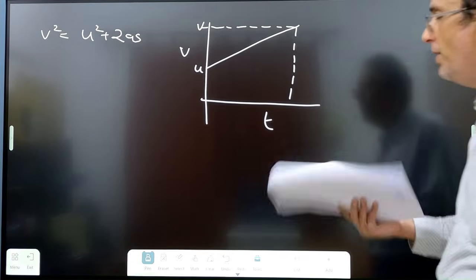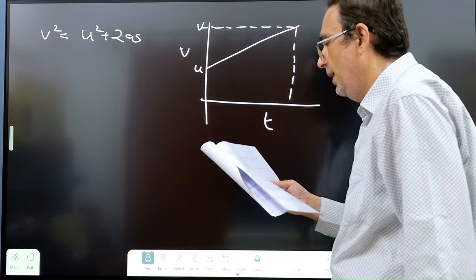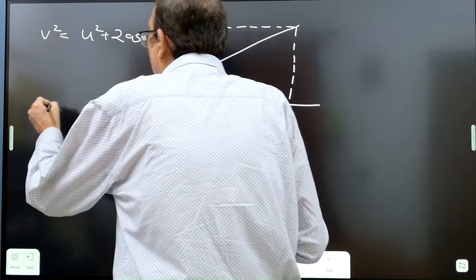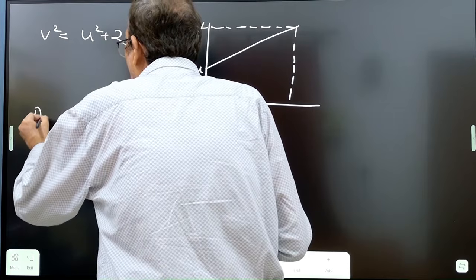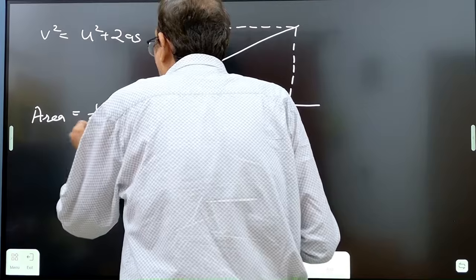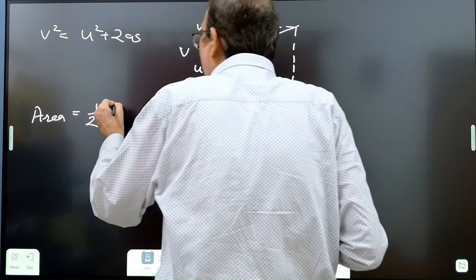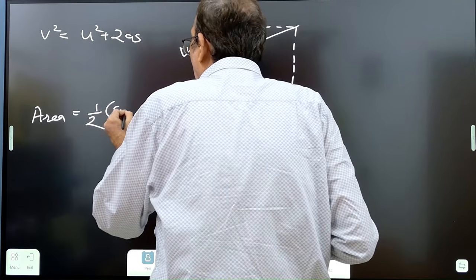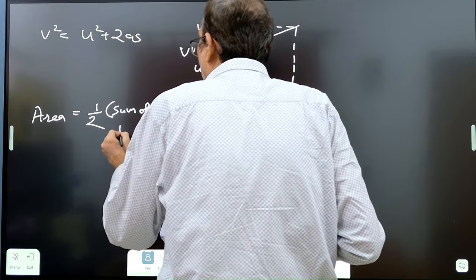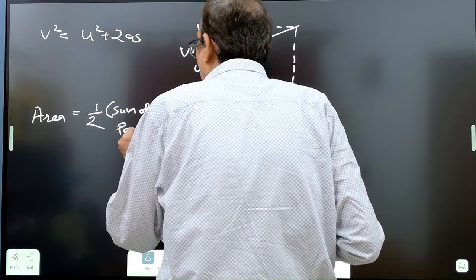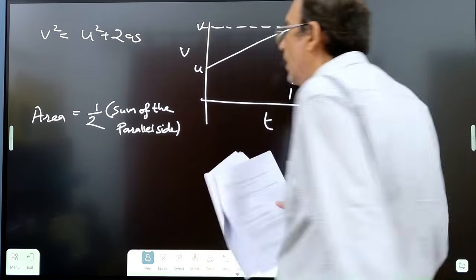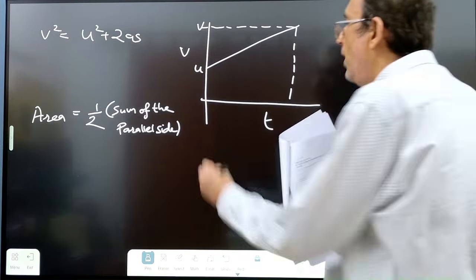So what is the area of a trapezium? S, the area, is half the sum of the parallel sides into height.